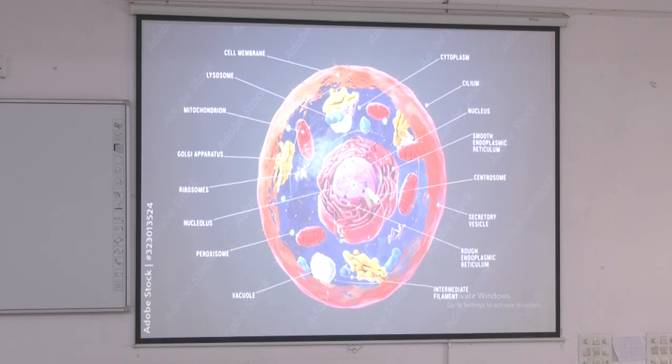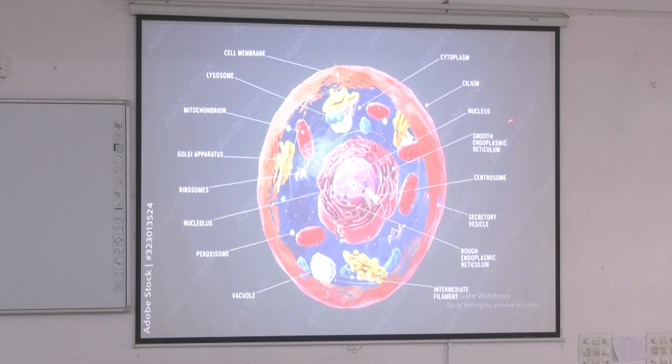ATP generation. I am not asking about another name for the mitochondria, I am asking about its function. Production of ATP. So what are the uses of ATP? It is used for different metabolic pathways and functions of the body.